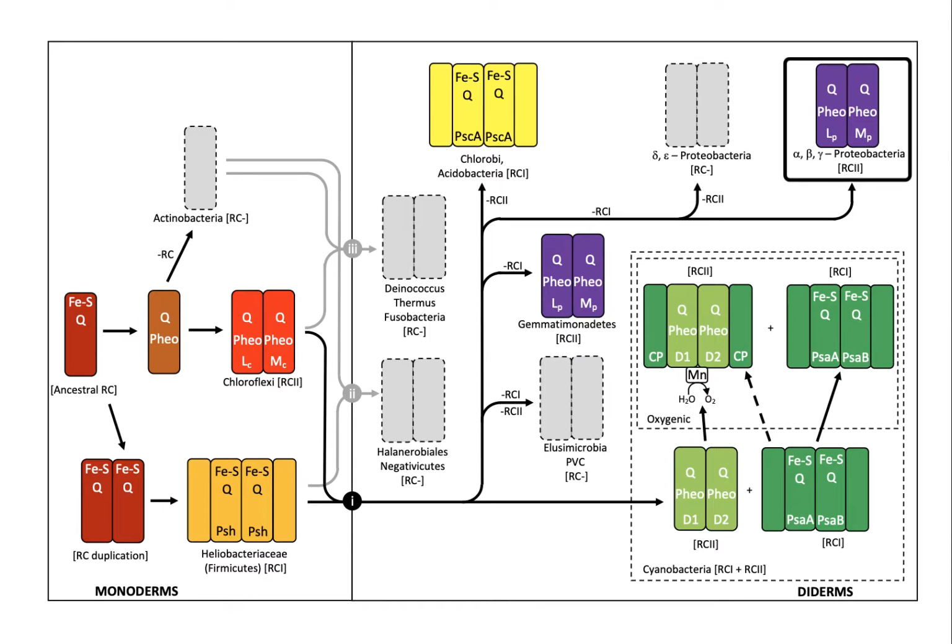And then going down the line, just with the loss of the reaction center 1, are the main groups of the proteobacteria, the alpha, beta, and gamma proteobacteria, which contain reaction center 2. This leaves a few groups out of that endosymbiotic event, and that includes the DTF group, Deinococcus-Thermus-Fusobacteria, of which no members are photosynthetic, and the Halanaerobiales and Negativicutes, which also are non-photosynthetic.